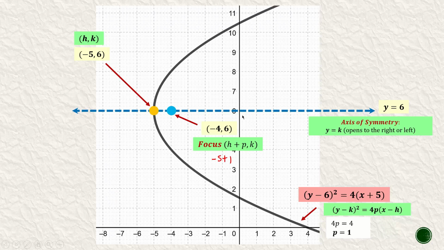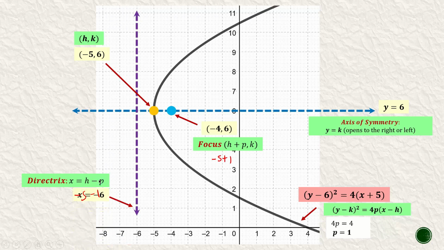All right. And then, of course, we have the directrix, and that's this one. Again, the distance of that from the vertex is equal to the absolute value of p, which is 1. So we can clearly see it's at x equals -6. But if we don't have the graphical representation, we can use the formula x equals h minus p. h is -5, minus 1 is -6. -5 minus 1 equals -6.